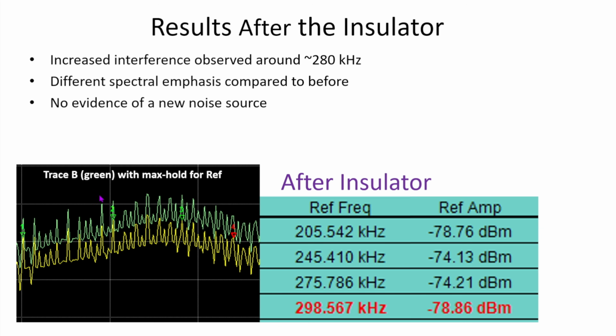The frequency around 280 kHz corresponds closely to the higher-order harmonics of the original 57 to 90 kHz interference band. For example, 70 kHz times 4 equals 280 kHz. 75 kHz times 4 equals 300 kHz.